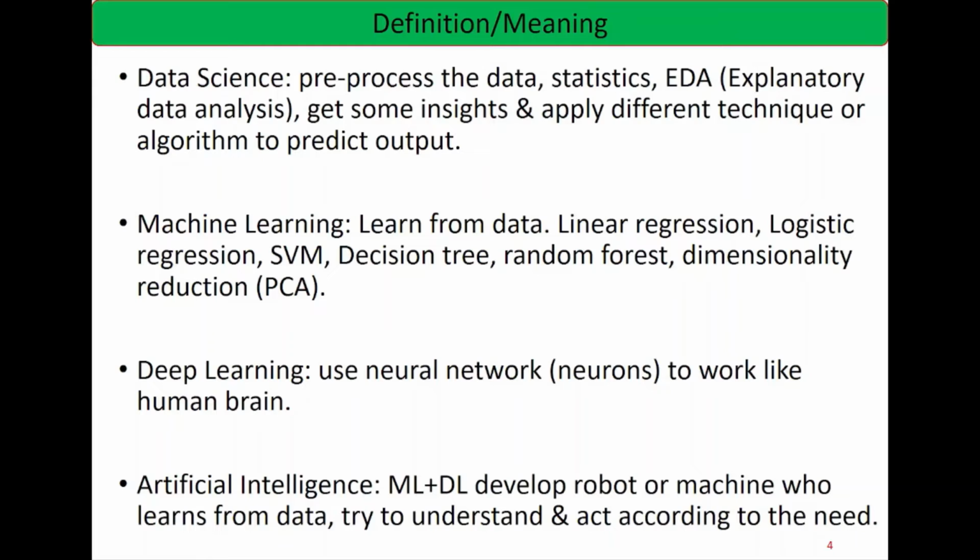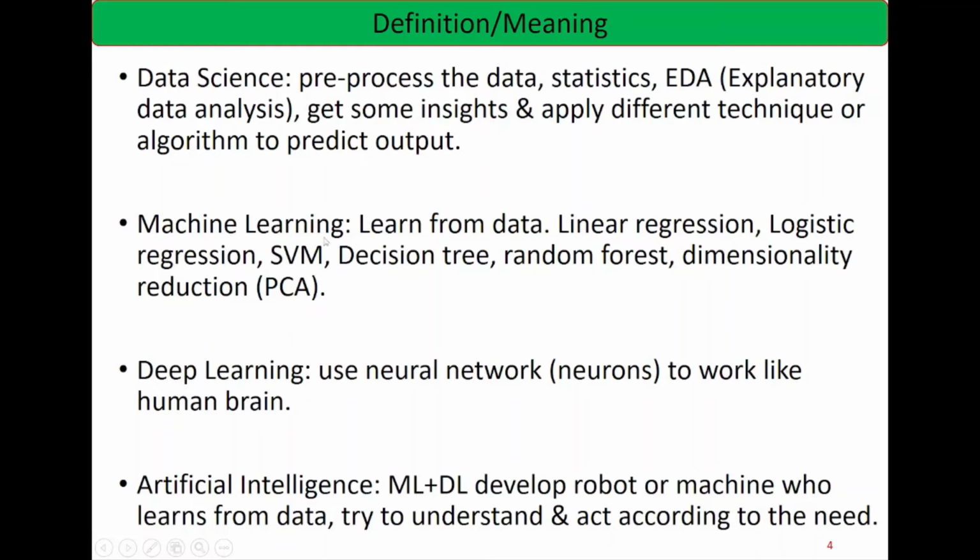EDA means exploring the data to get some knowledge, like how the data looks, what kind of algorithm will suit this data, and to get some insights and apply different techniques or algorithms to get some output.